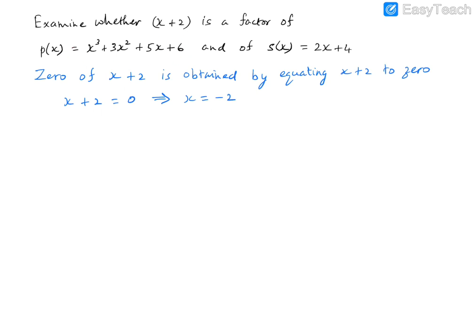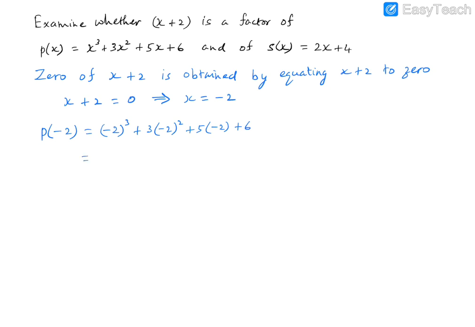So let's do it for p of x. We want to find p of minus 2. Wherever there is x, we'll substitute minus 2. So it's minus 2 cube plus 3 times minus 2 square plus 5 times minus 2 plus 6.